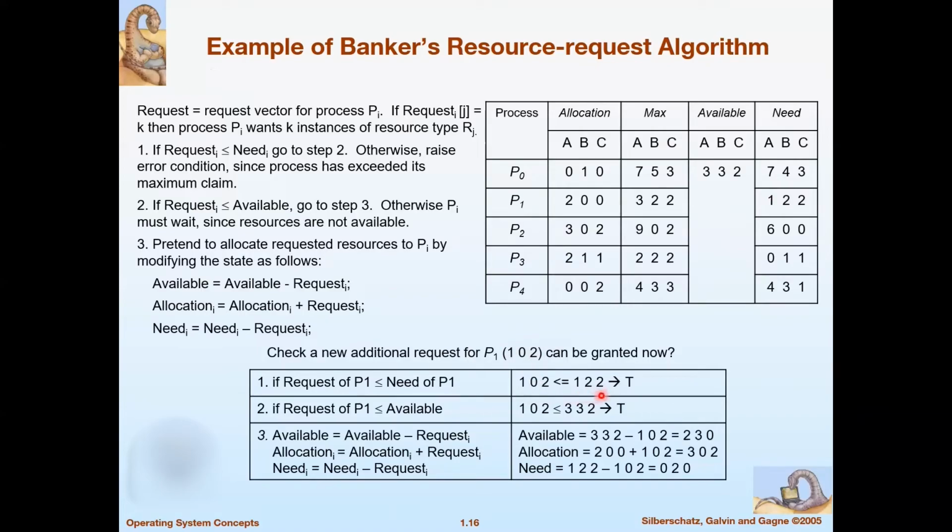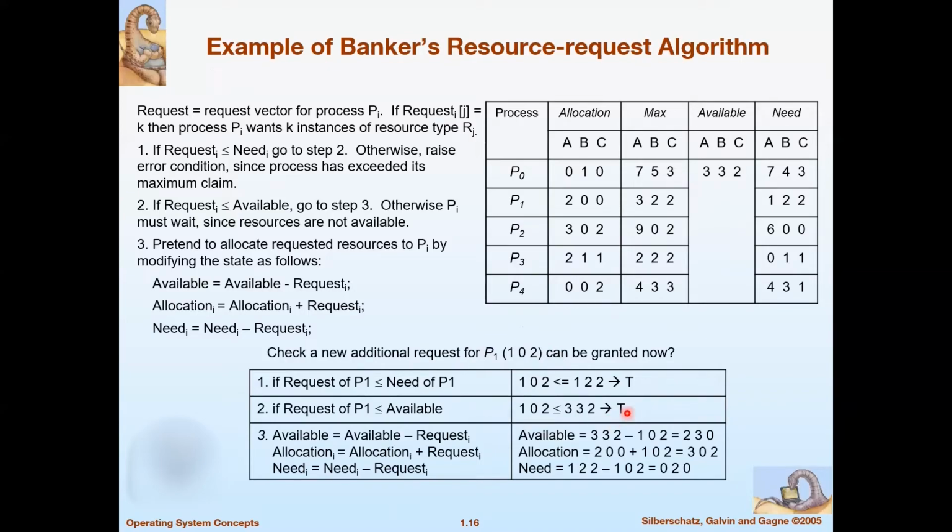That means this is a valid request. Now we have to check whether the request for P1 is less than or equal to our current Available vector or not. In this case, the Available vector is 332. So 102 is less than or equal to 332.